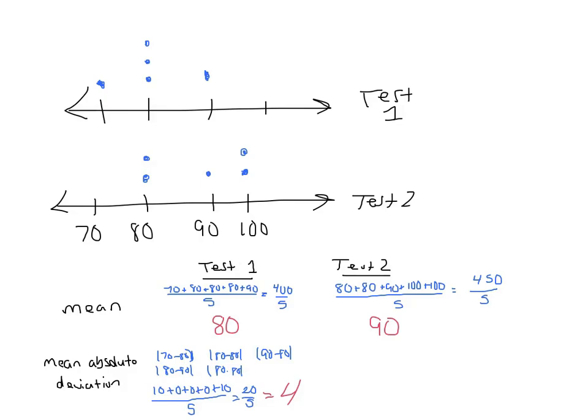What about test 2? Well, the mean was 90, and so I would have the absolute value of 80 minus 90, 80 minus 90, 90 minus 90, and the 2 100s minus 90.